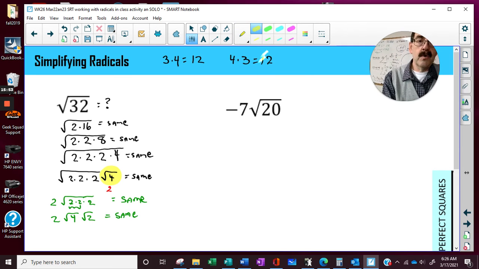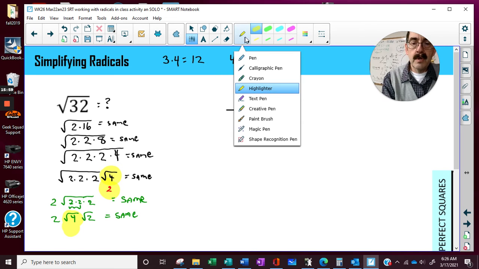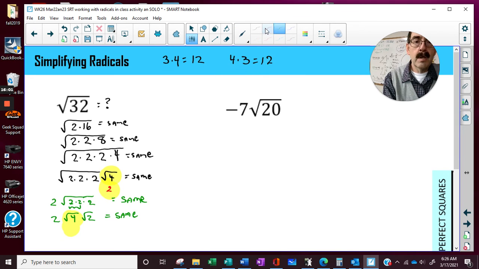And we just know that the square root of 4 is 2. So now I get another 2 out here. So now I have 2 times 2 times the square root of 2. It's the same.